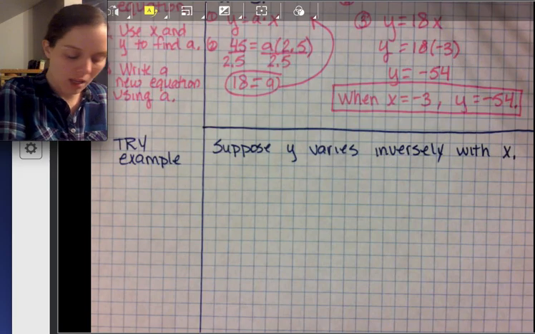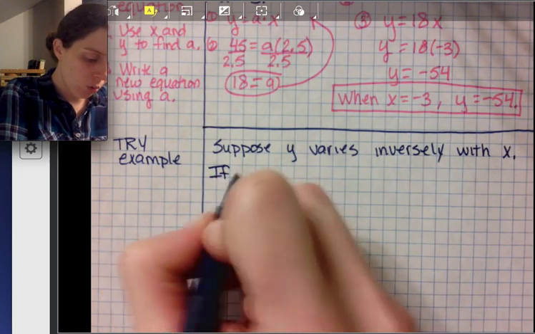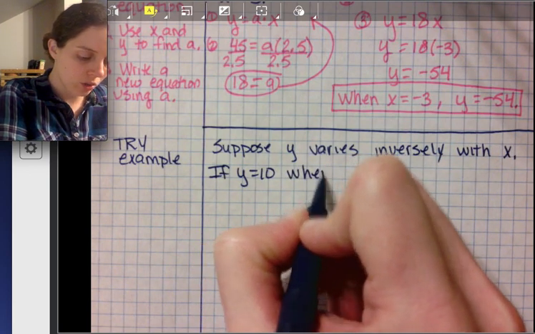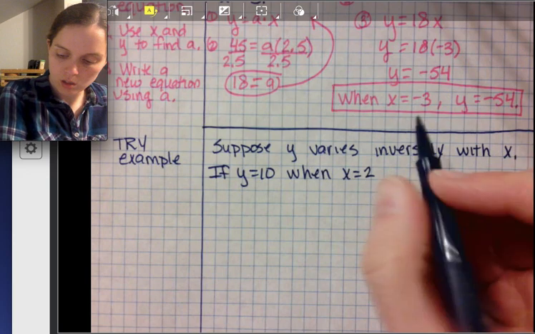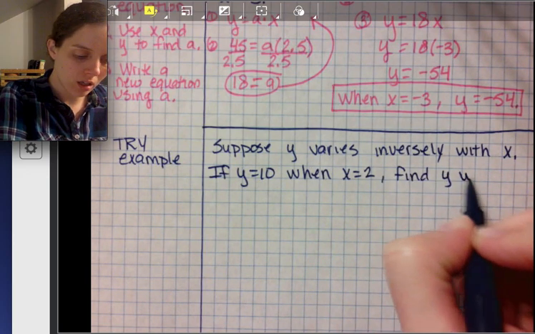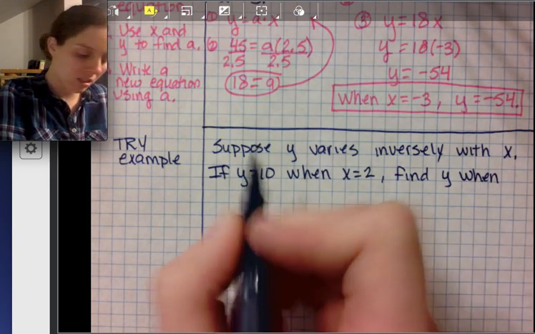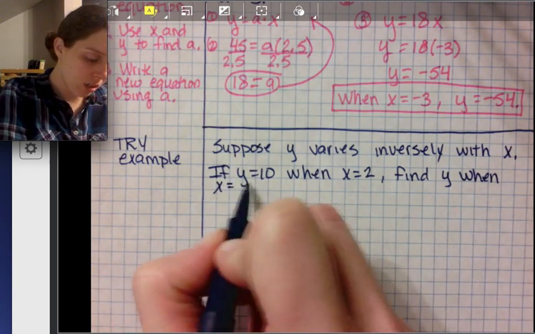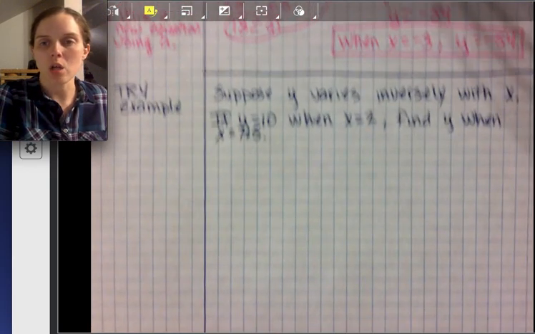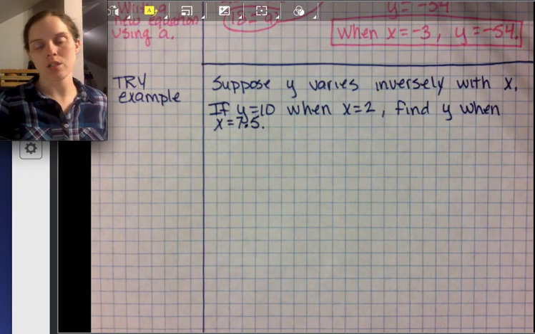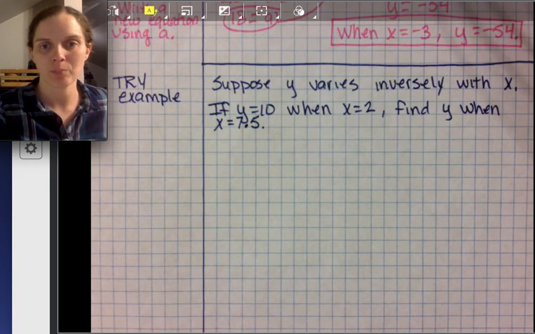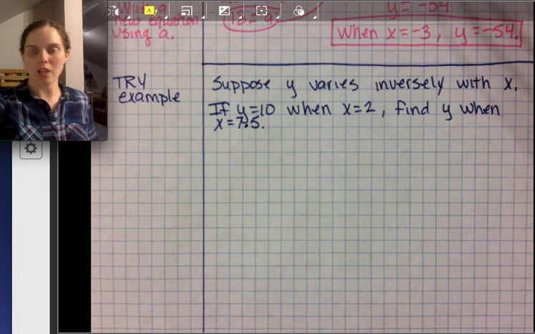If y equals 10 when x equals 2, find y when x equals 7.5. Use the problem above it. I want you to pause the video and try this on your own and then restart it and watch the answer.